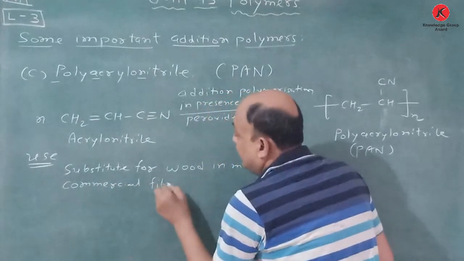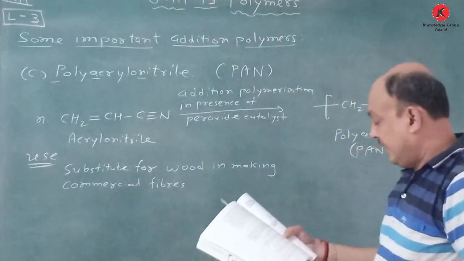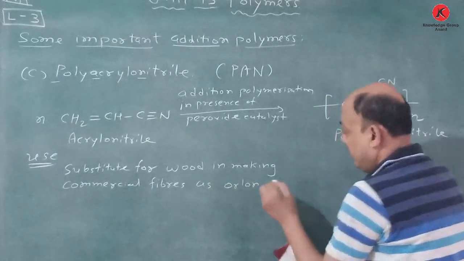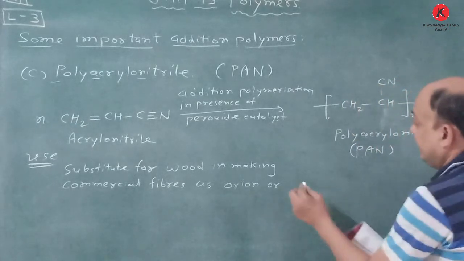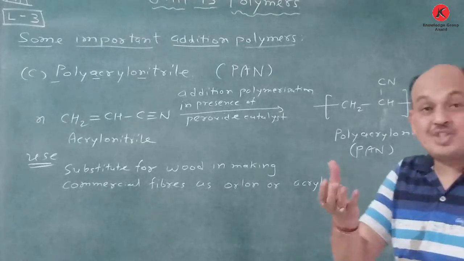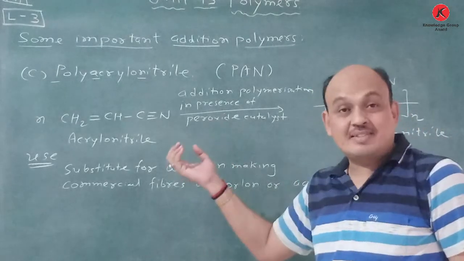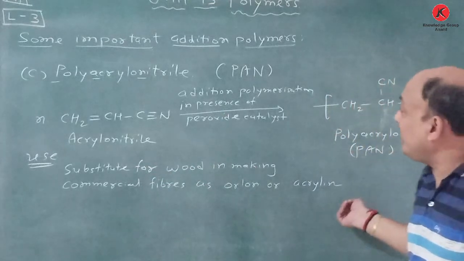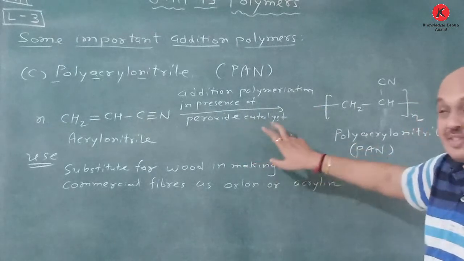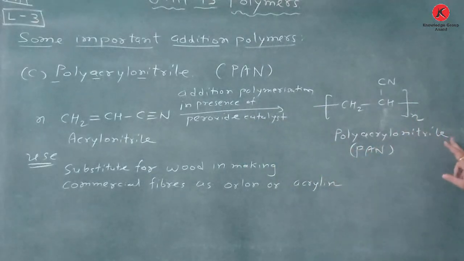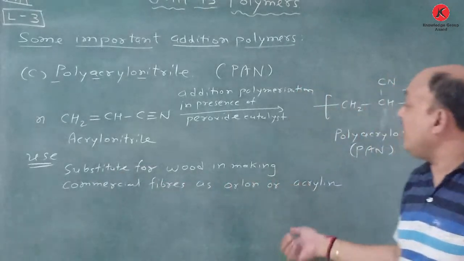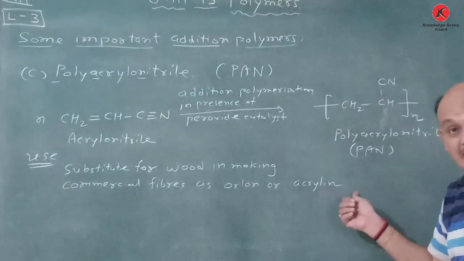Commercial fibers such as Orlon or acrylic. Remember acrylic plate, you know this one, acrylic materials. So this is important. Acrylonitrile, when it undergoes addition polymerization in the presence of a peroxide catalyst, forms polyacrylonitrile. It is used as a substitute for wool in making commercial fibers such as Orlon or acrylic.